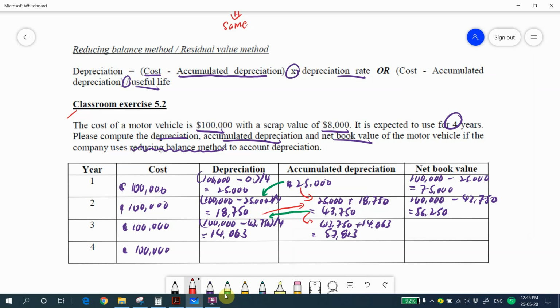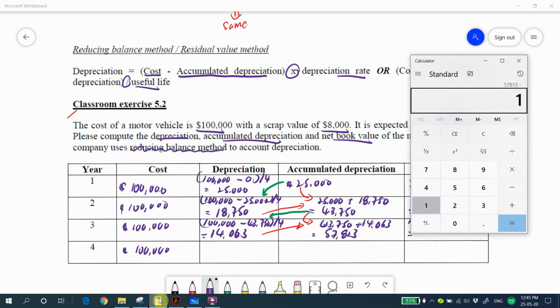From last year's accumulated depreciation plus this year's depreciation. And your net book value, 100,000 minus 57,813, is 42,187.